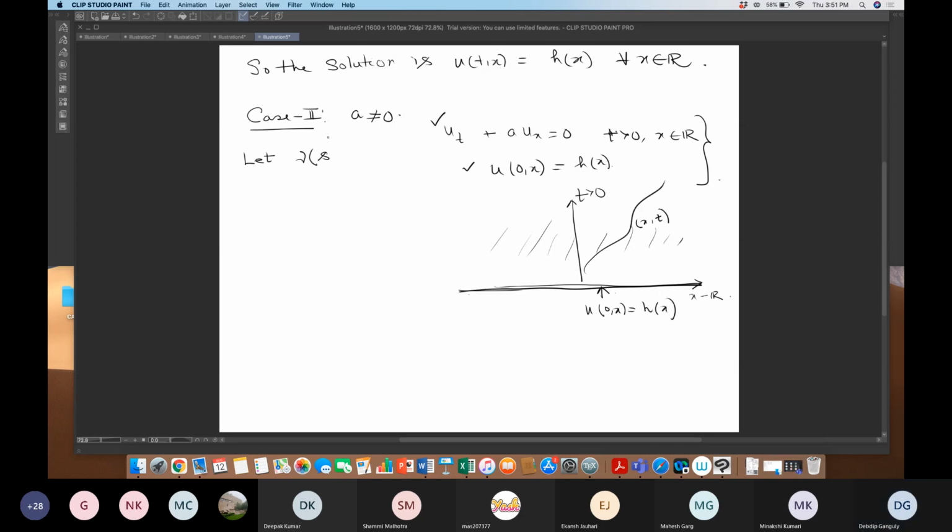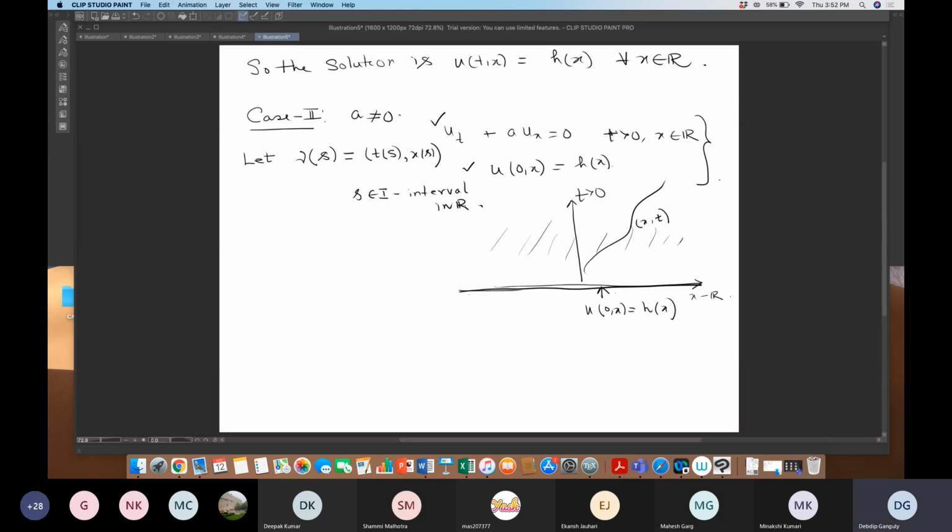Gamma of s as (t(s), x(s)). This is very important. If you understand this, then you will understand the first order PDE. Please try to understand. I define a curve gamma of s as (t(s), x(s)) for s belongs to some interval I in R.